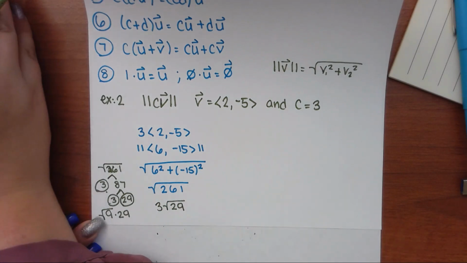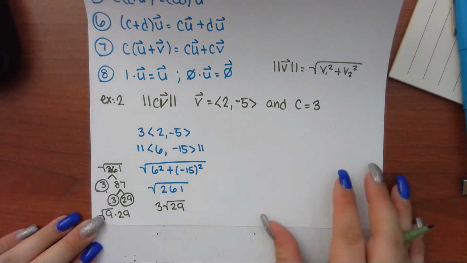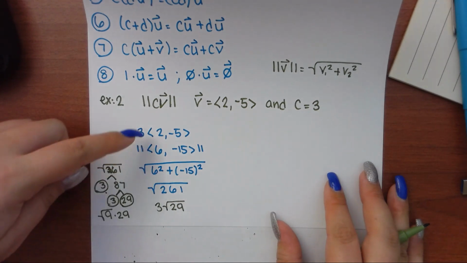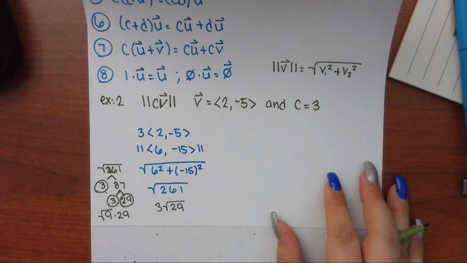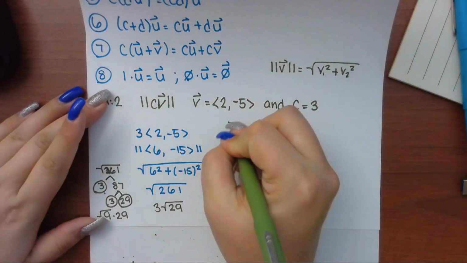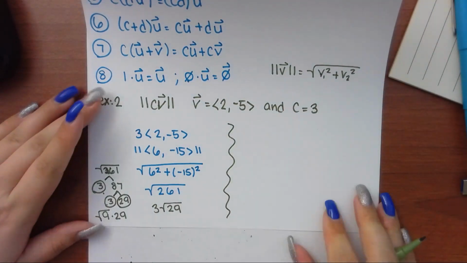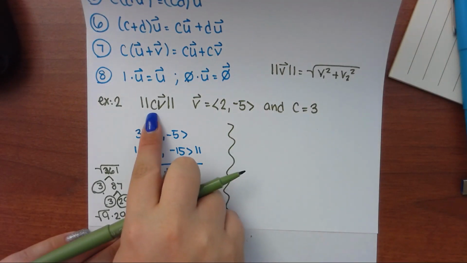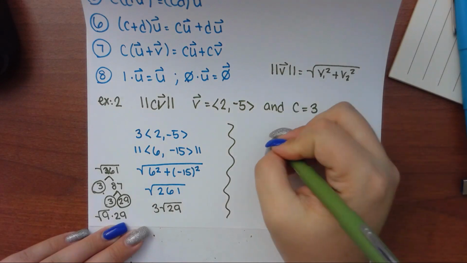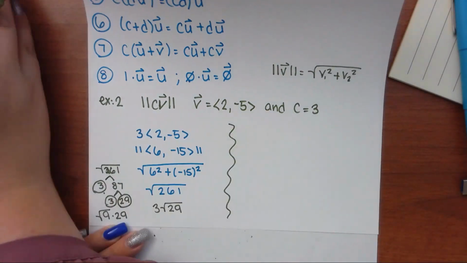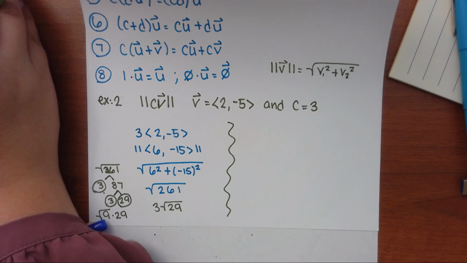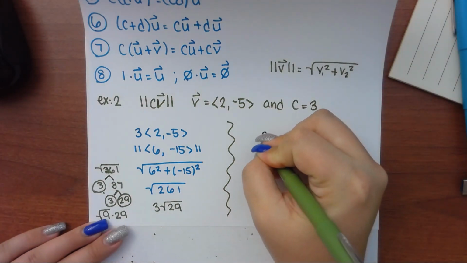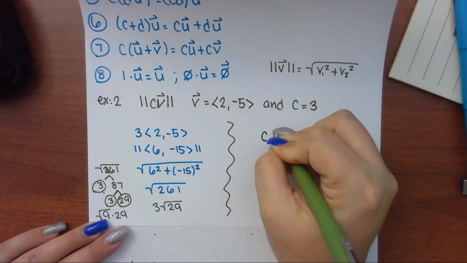And that is one way to find your answer, is to multiply that scalar first in and then simplify. But another way to do this, which I really think is important to point out, is that instead of multiplying the scalar first to the vector, we can just multiply the scalar to the magnitude of the vector.